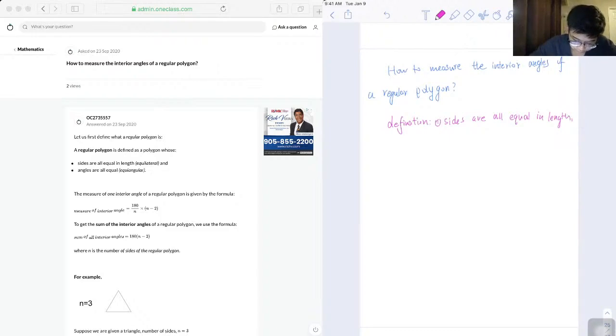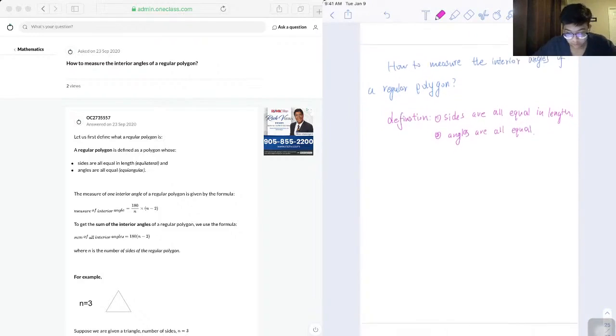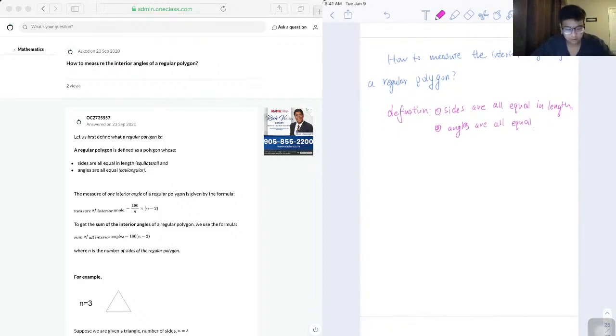That's the first condition. And the second condition is that the angles are all equal. Right. So as long as they follow these two conditions, that's what we call a regular polygon.